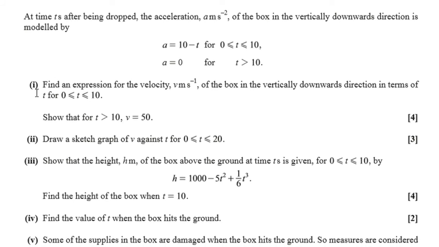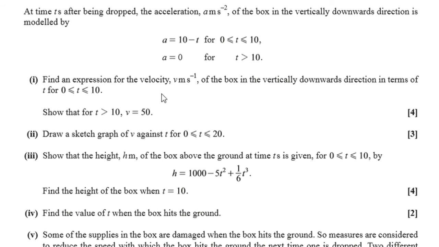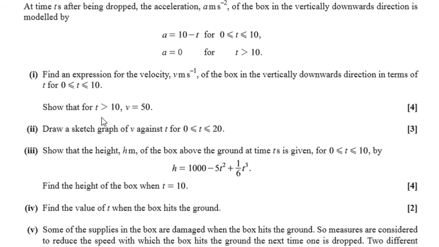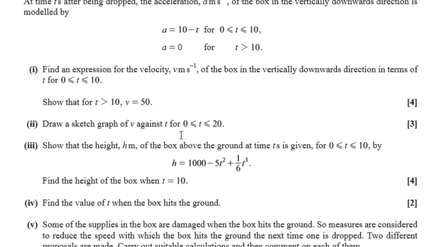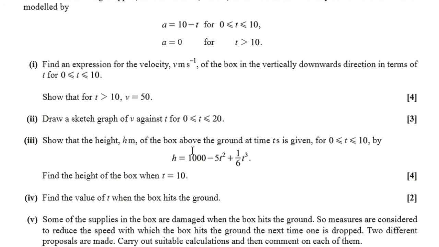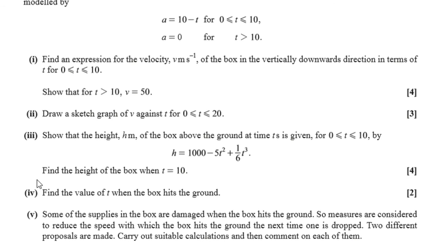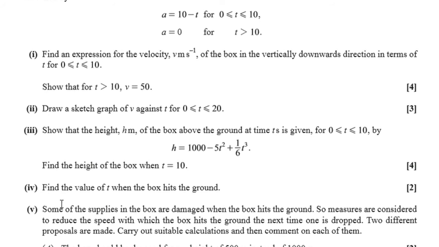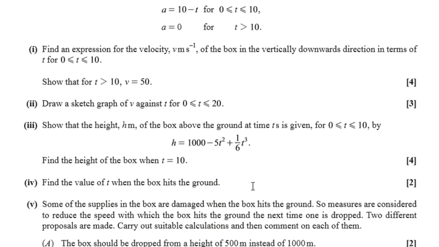Part 1, find an expression for the velocity in terms of t between 0 and 10, and show that when t is larger than 10, v is 50. Then draw a sketch of the v against t graph. Show the height h above the ground is given as this expression. Then find the height of the box when t is 10. Part 4, find the value of t when the box hits the ground, which means that this expression is 0.